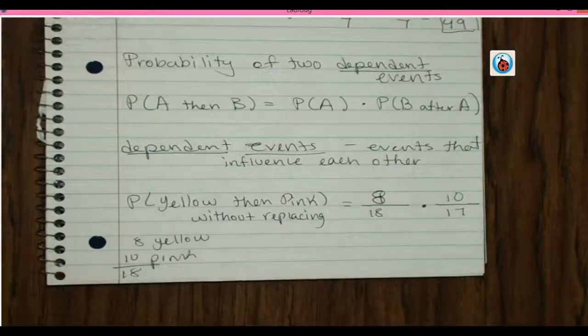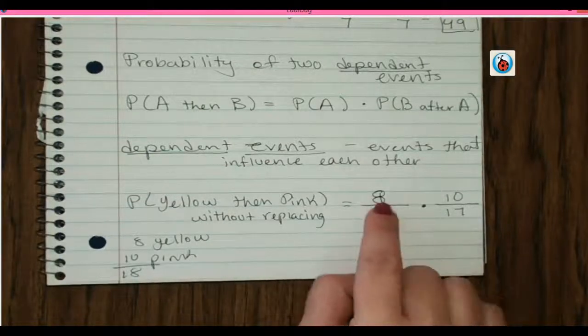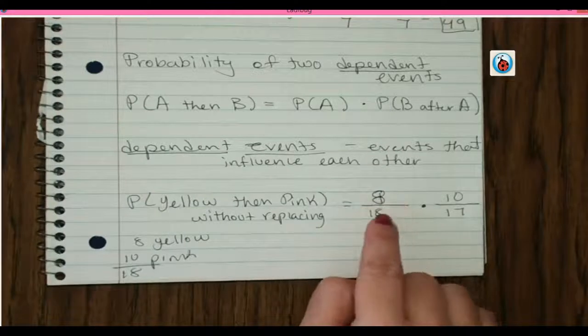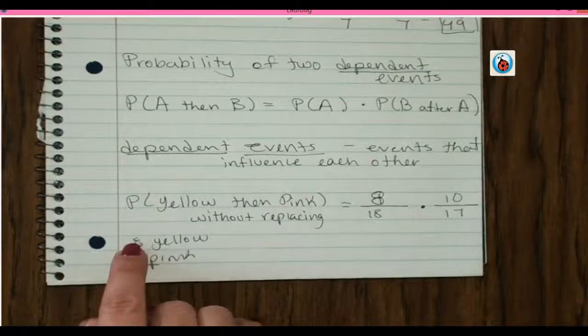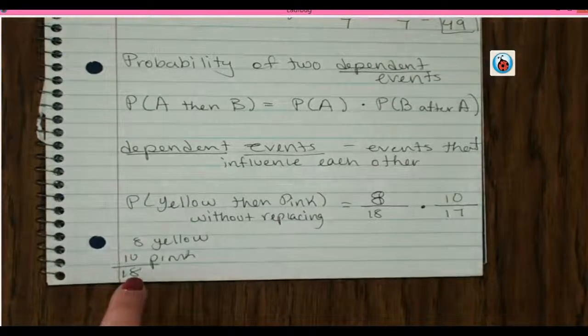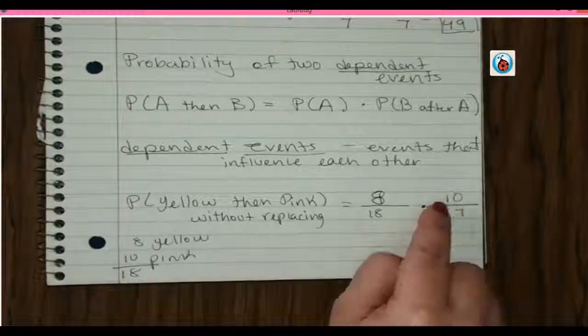So if I'm picking from this bag, it has 8 yellow and 10 pink. I put my hand in here, pick one at random, and I don't replace it. How many are left? 17. So why is the probability of yellow 8 out of 18? There's 8 yellow and there's a total of 18. But if I picked one out, my probability for pink changes.